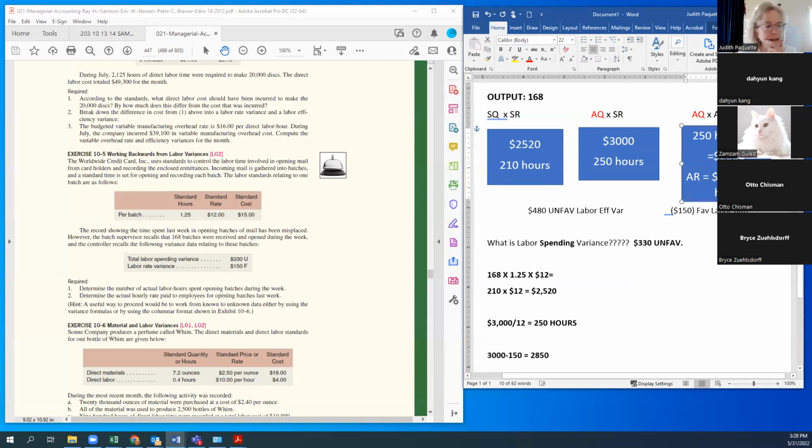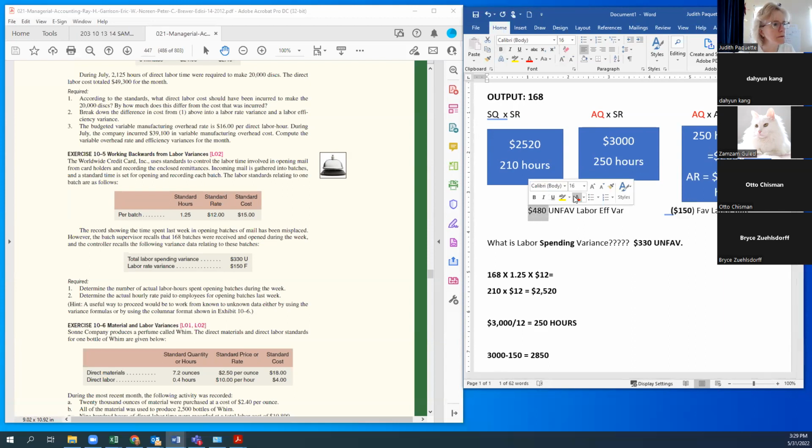So the tricky part here, guys, is working with these two givens. We were given these two numbers. We had to calculate this number. And then once we had that number, we were able to calculate this number just based on what the problem gave us. Remember, we always start with output, and our output was 168 batches.